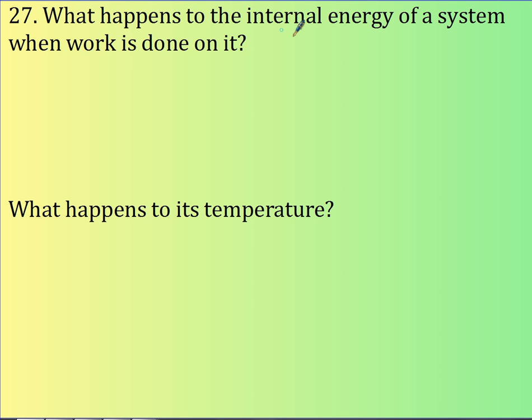What happens to the internal energy of a system when work is done on it? Let's see. The first law of thermodynamics says the change in internal energy is equal to the heat added plus the work done on minus the work done by the system. So when work is done on the system, remember I wrote it like this.